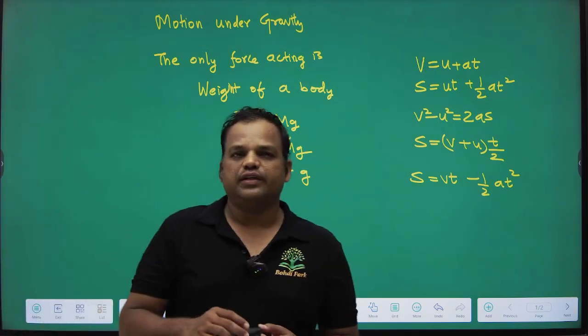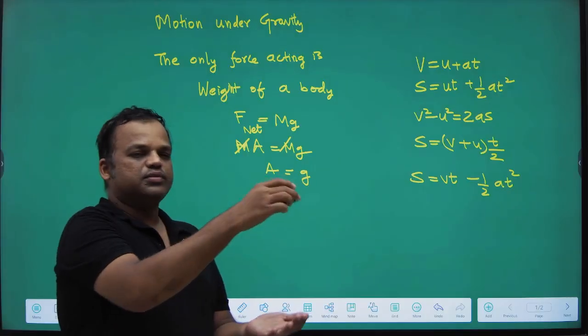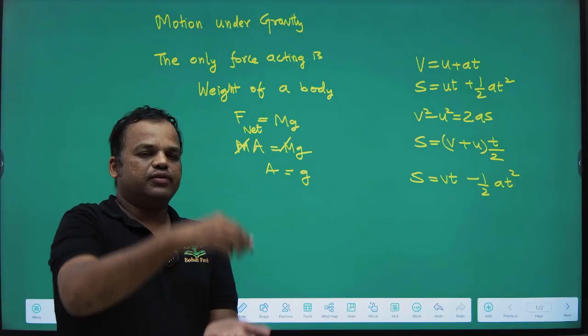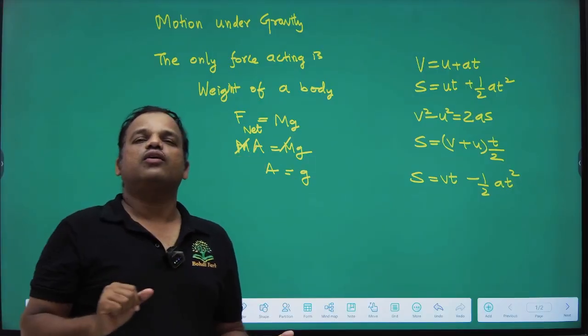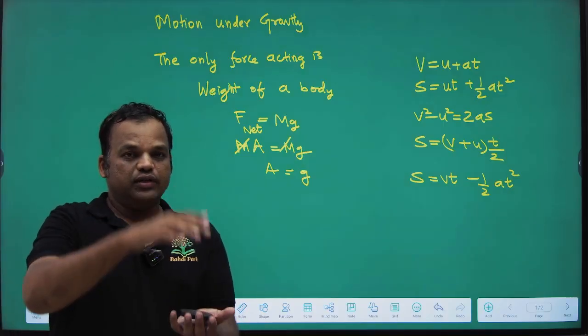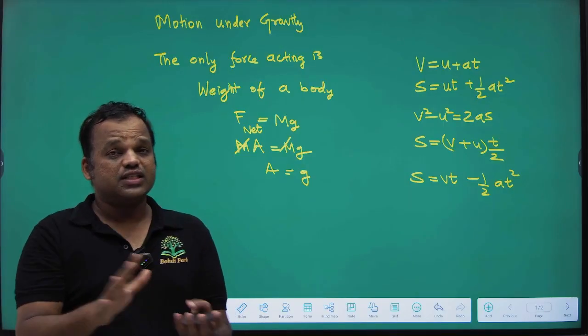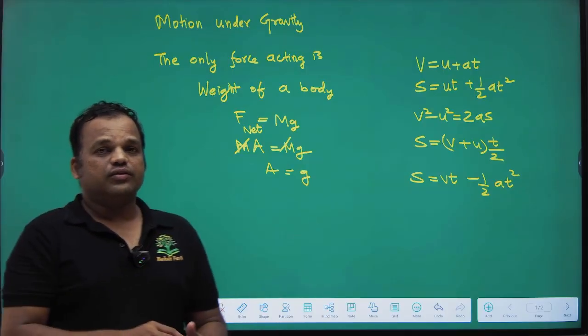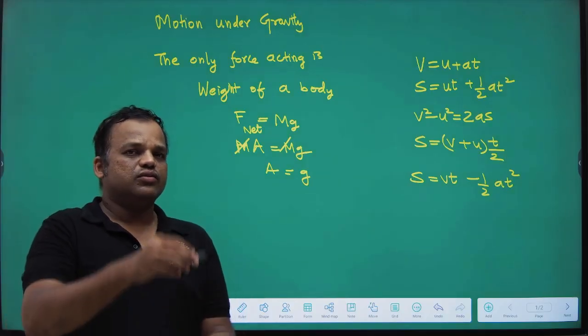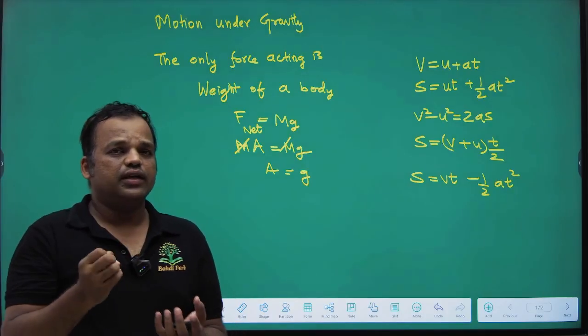Suppose this object. Now when I release this object from rest, it is falling downward. Why? Because the weight is acting downward. If we ignore the air resistance, the air in this room is also exerting force in the upward direction, which is known as air resistance or air friction.